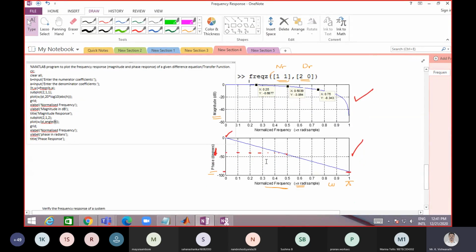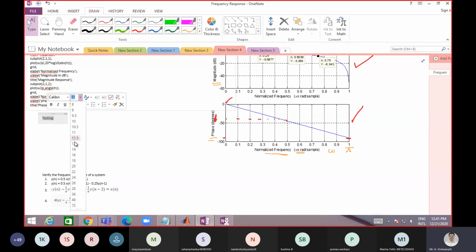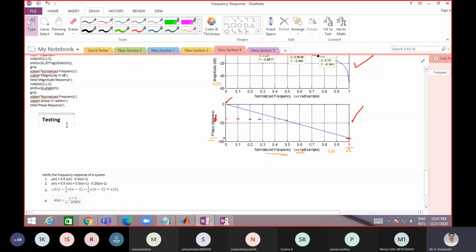Okay, we will test it. So testing is basically mainly for your understanding. I am showing. Otherwise, plotting up to this point is sufficient.